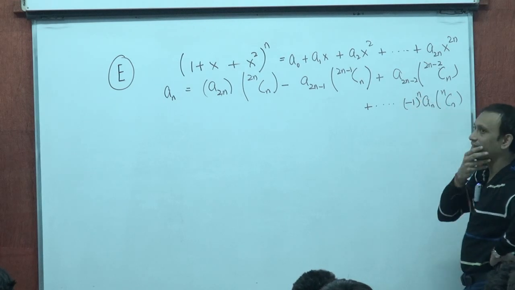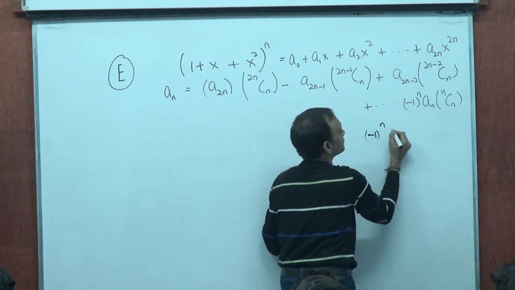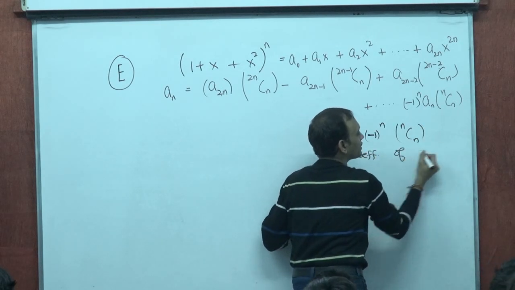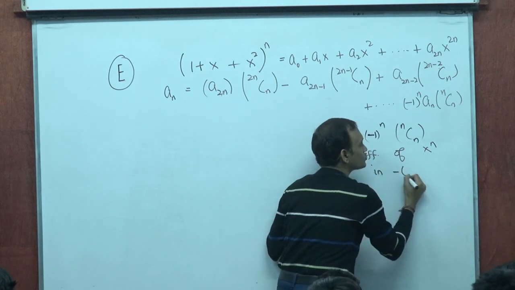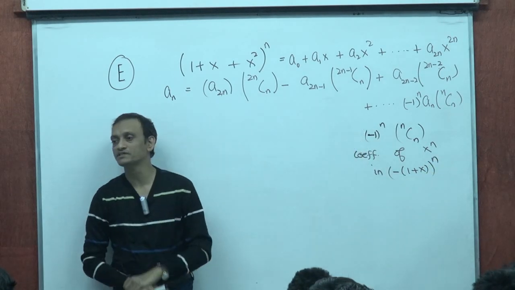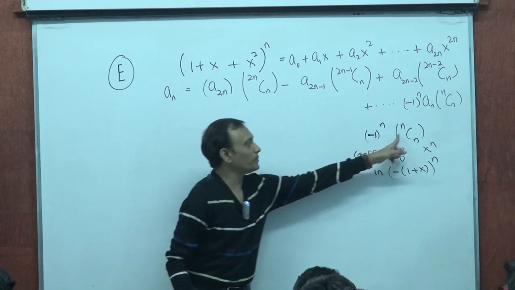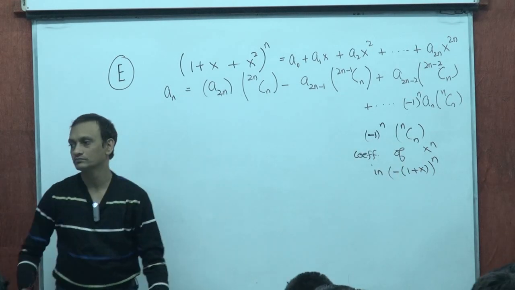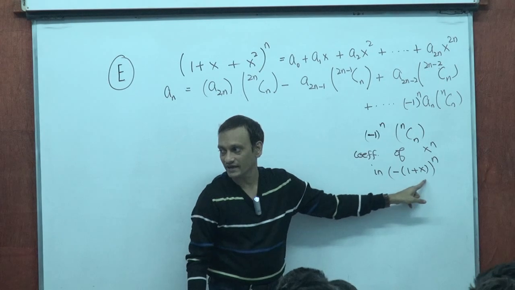This (-1)^n nCn must have been the coefficient of x^n in minus of (1 + x)^n. Yes or no? Because this (-1)^n comes out and the coefficient of x^n is nCn, right?